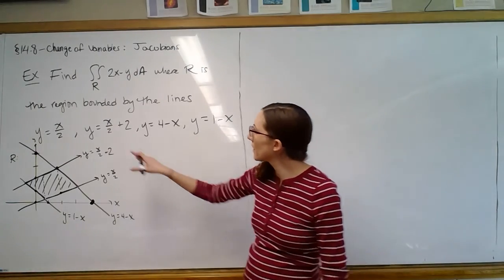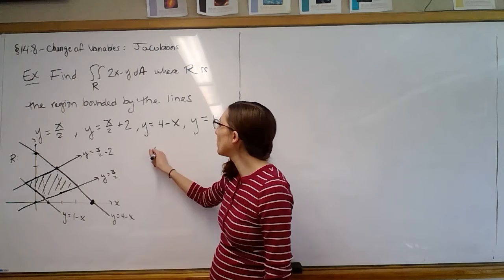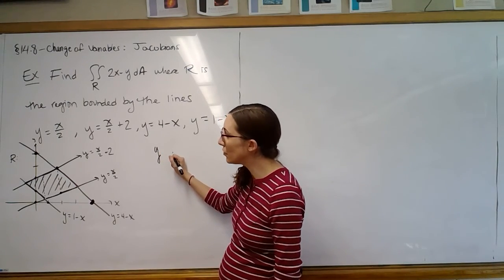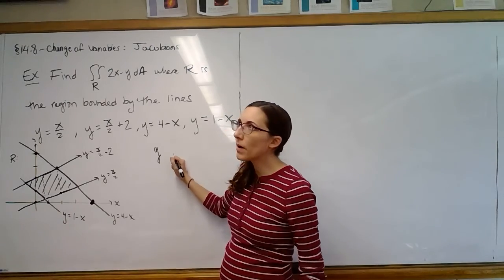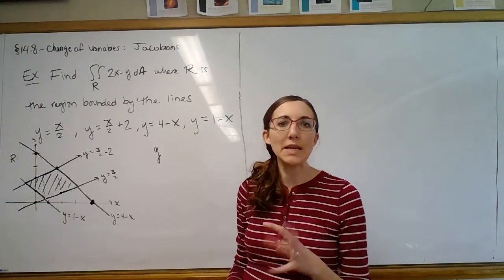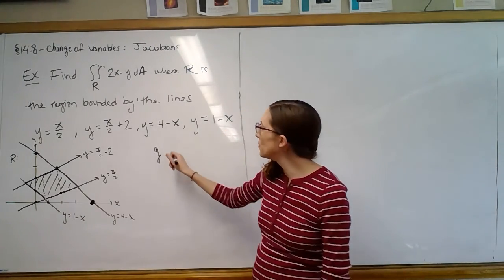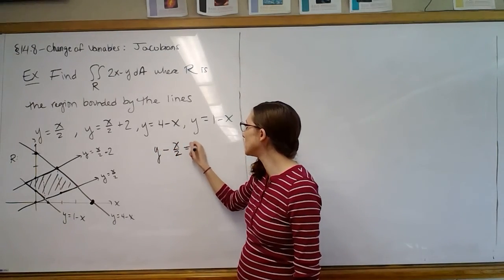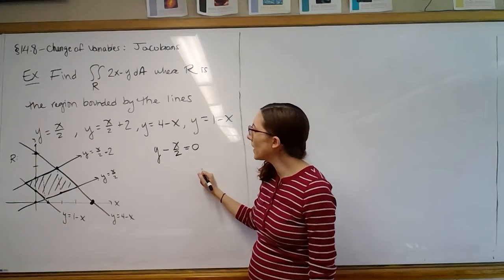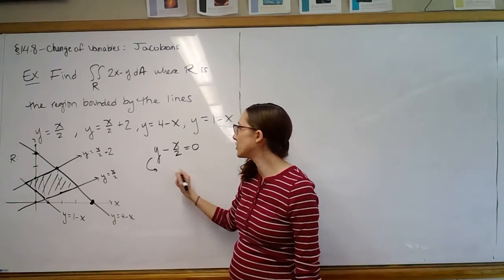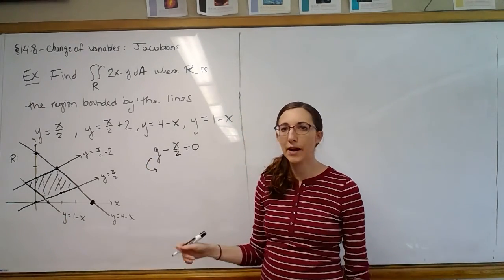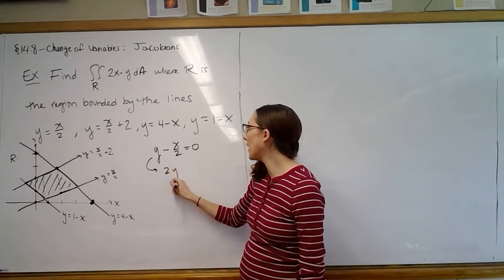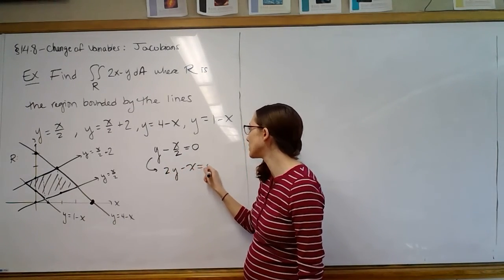So let's take a look at this first one. We've got y equals x over 2. If we're trying to get them equal to constants, let's move that over. So y minus x over 2 equals 0. And if I don't want to deal with fractions, we could make that 2y minus x equals 0, right?